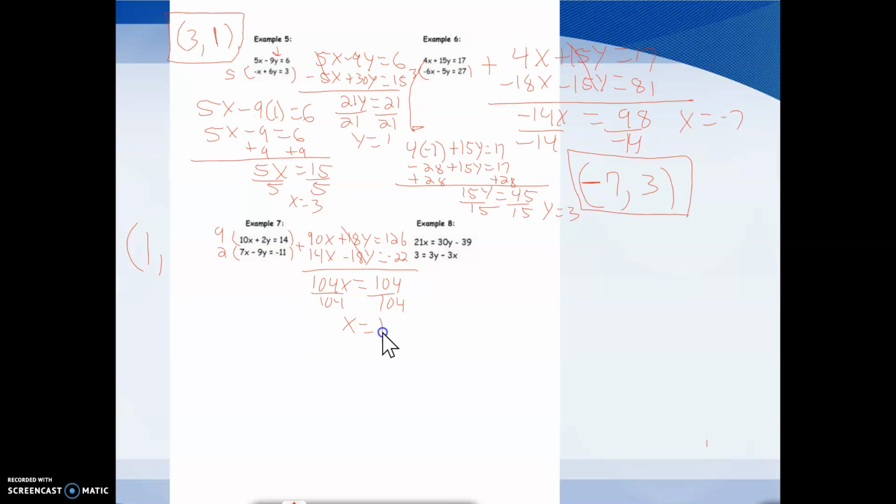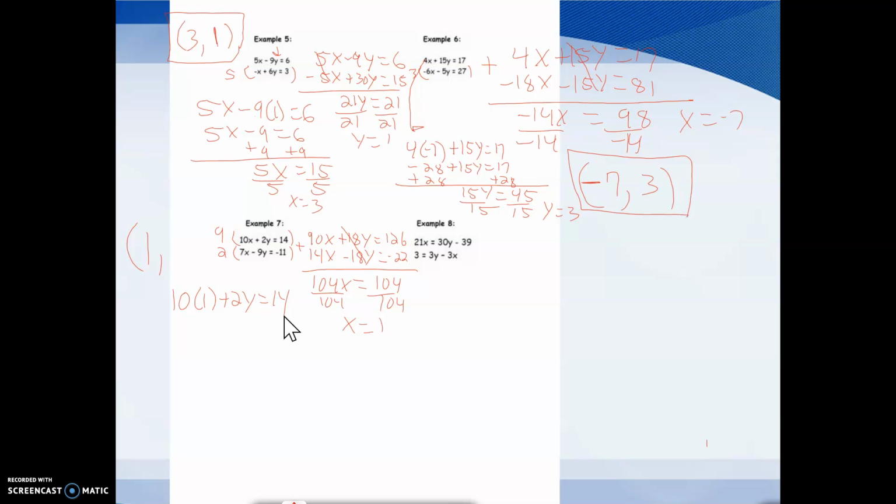X is 1. What are we going to plug it into? Again, I like to plug it into something that has not been rearranged. So I go back to the original problem and just do the top one. So that's 10 times 1 plus 2y equals 14. Okay.